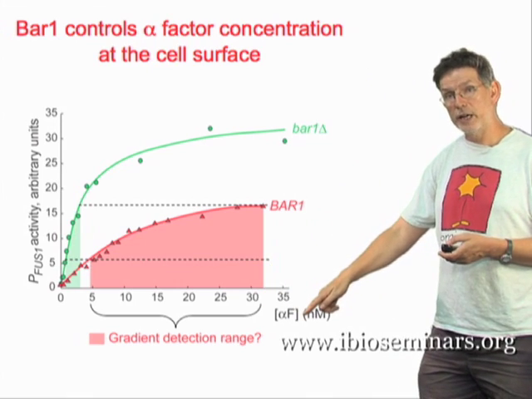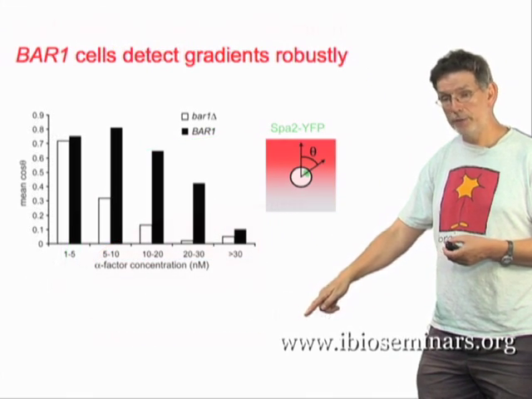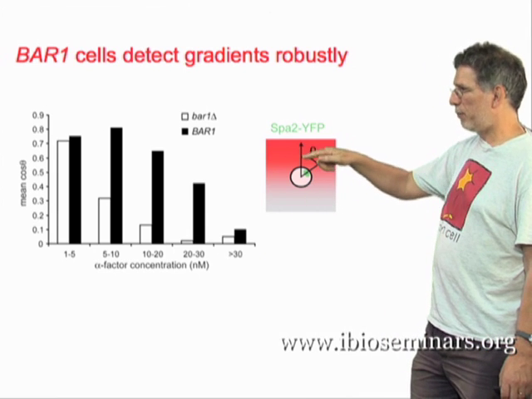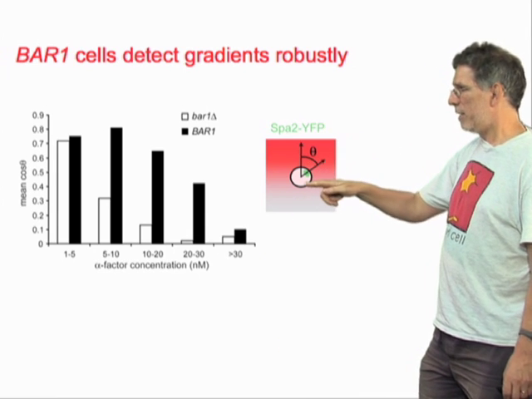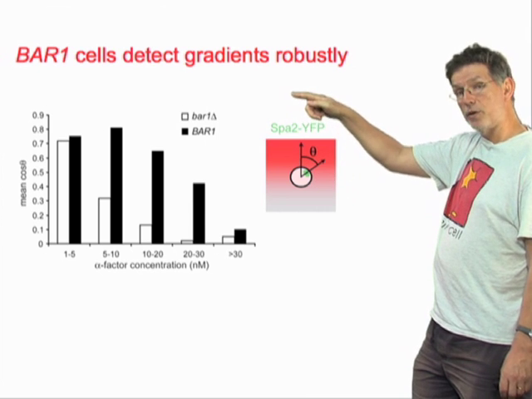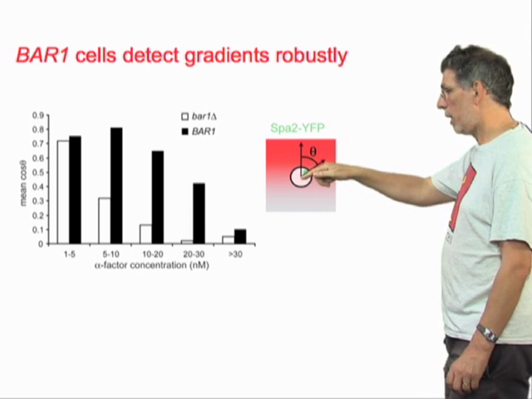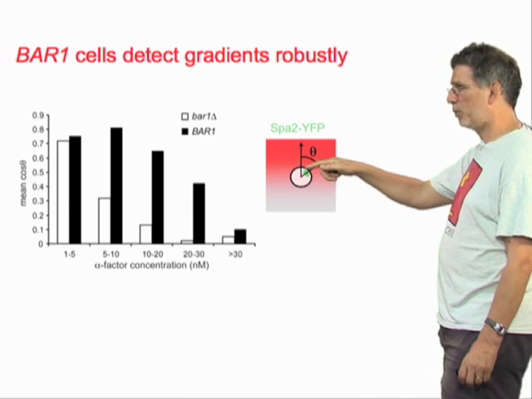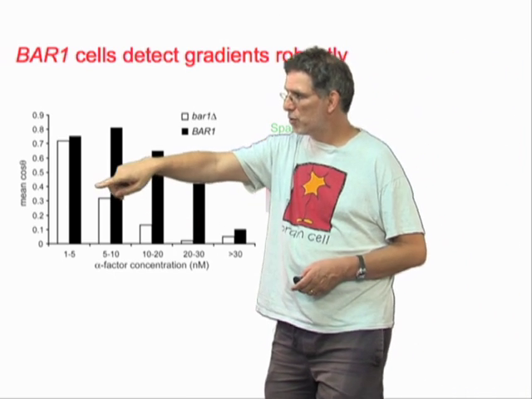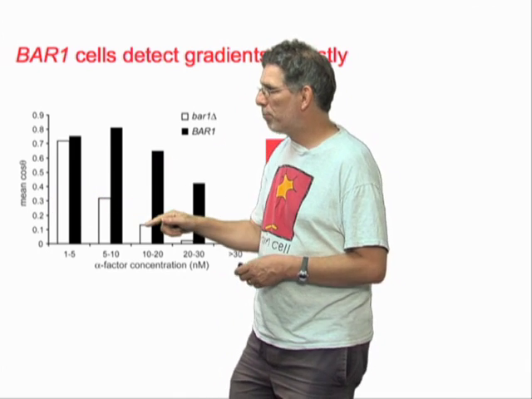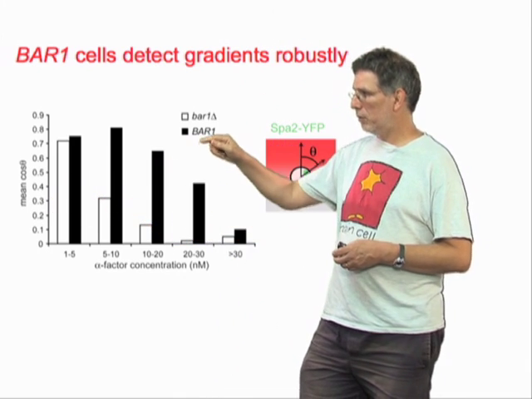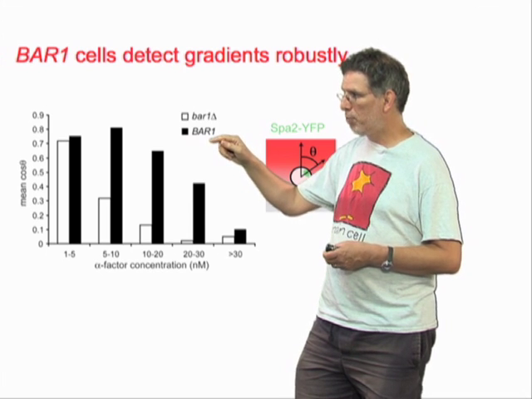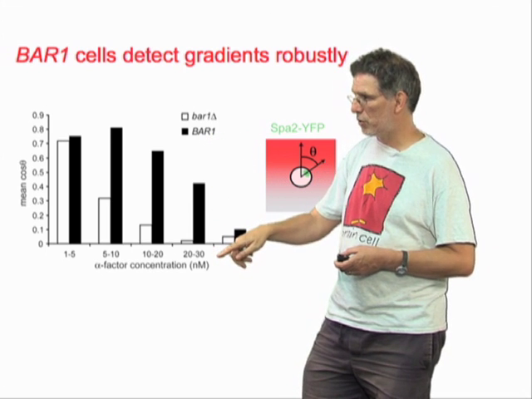Is this the gradient detection range for cells that can make bar 1? And so this is the same experiment I've shown you before. Here's our pheromone gradient, high to low. This arrow describes the direction of the gradient. This arrow here is the direction in which the cells polarize. We measure theta, the angle between them. We average the cosine of the angle, and we plot how well cells that either lack in white or have in black, bar 1, polarize in various different concentrations of pheromone.